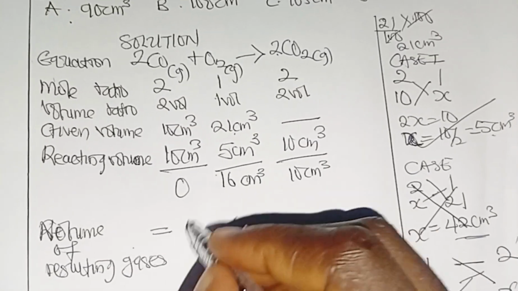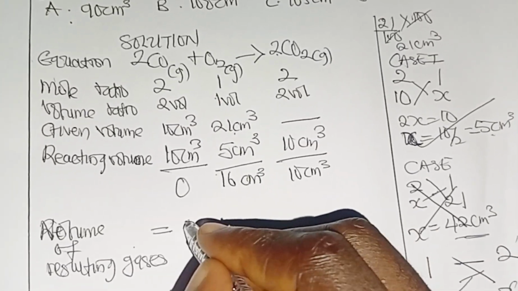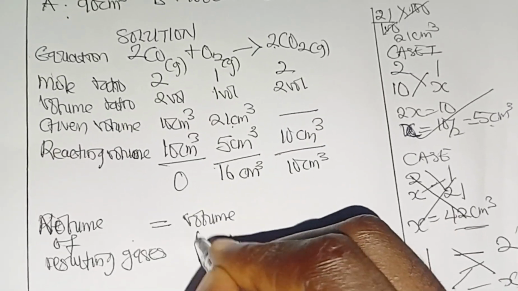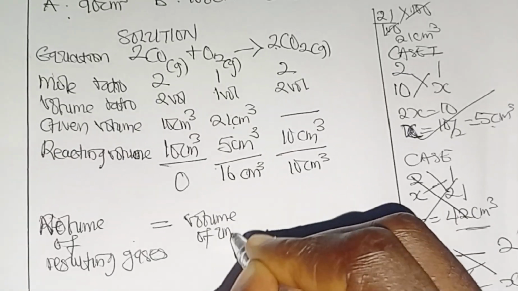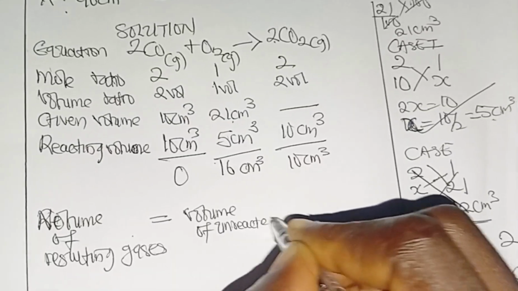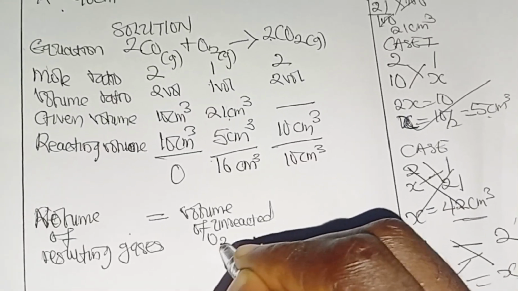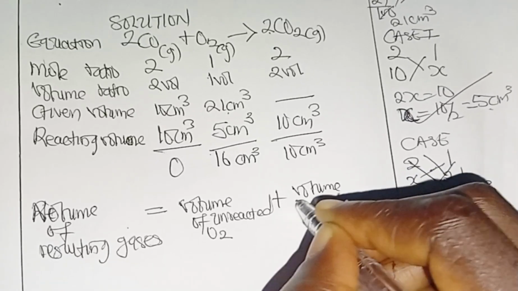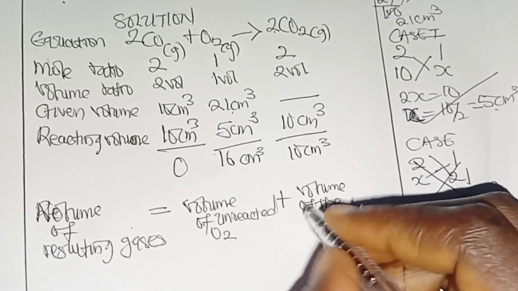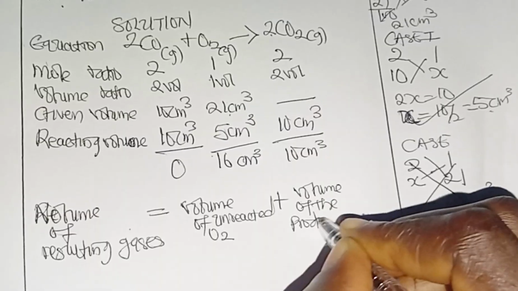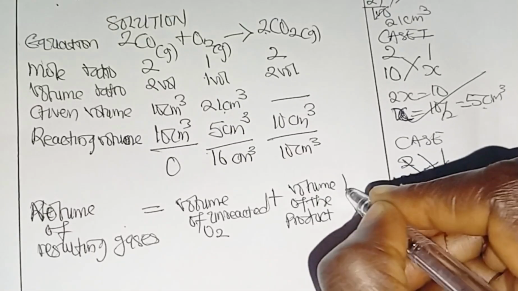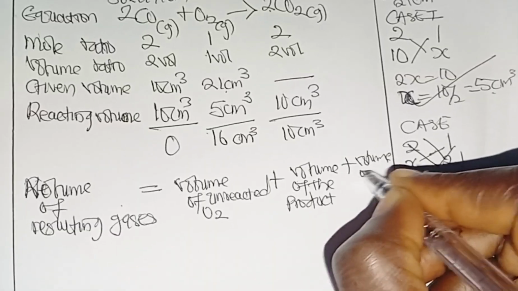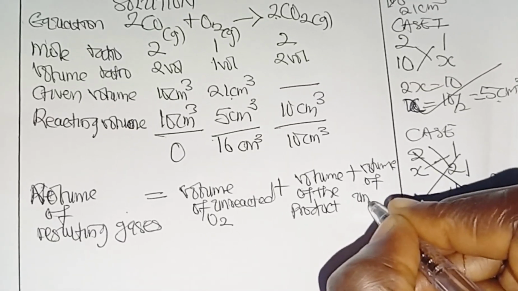Volume of unreacted oxygen, plus volume of the product, plus volume of the unreacted components in air.